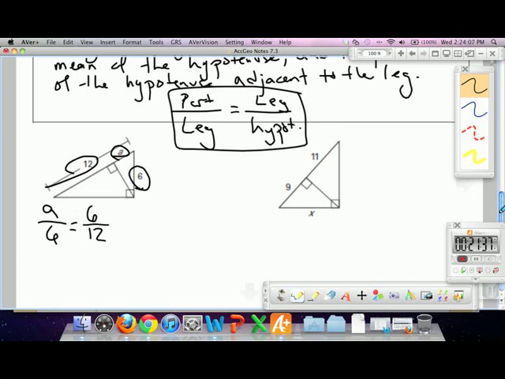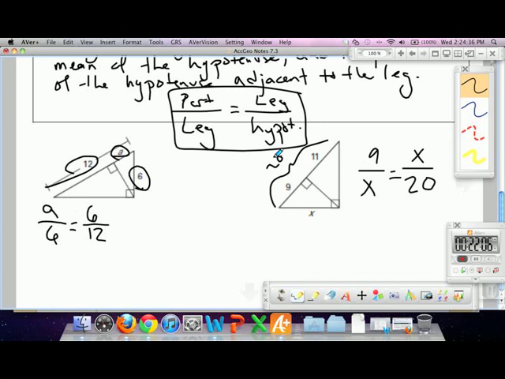Looks like x and 9 are our pair here. So part over leg equals that same leg over the hypotenuse, which is 20. Not 11, that would be this smaller part. The whole thing is 9 plus 11, which is 20. Here's a proportion you could set up and solve to find x.